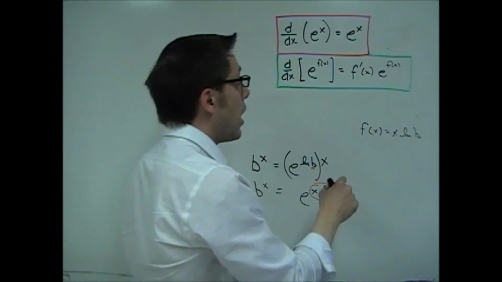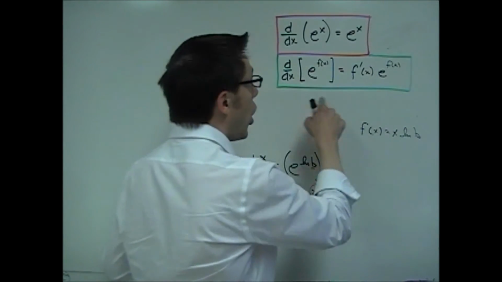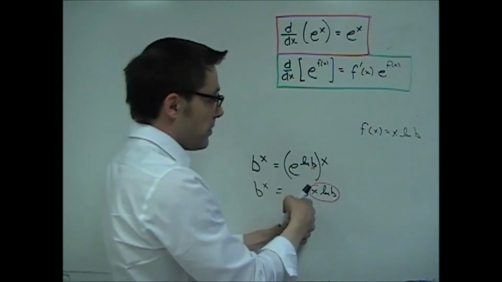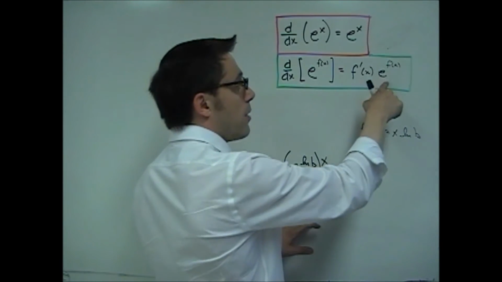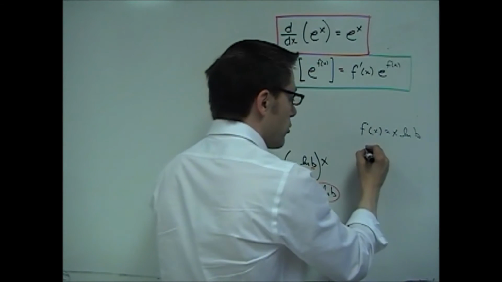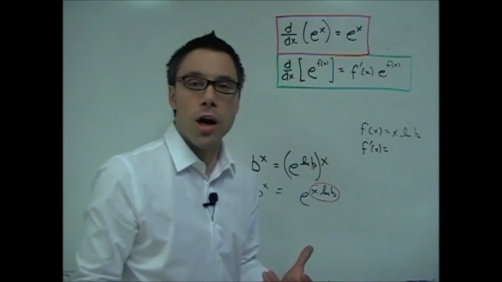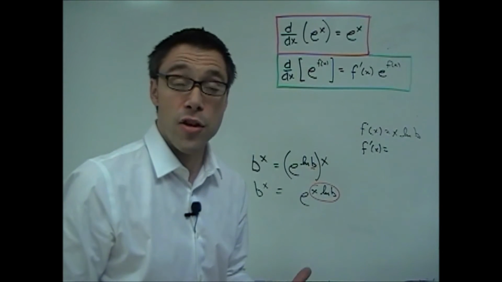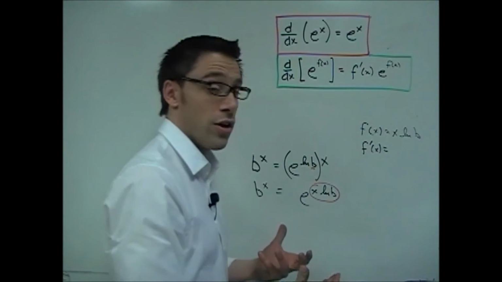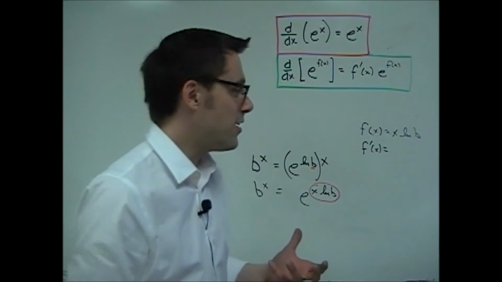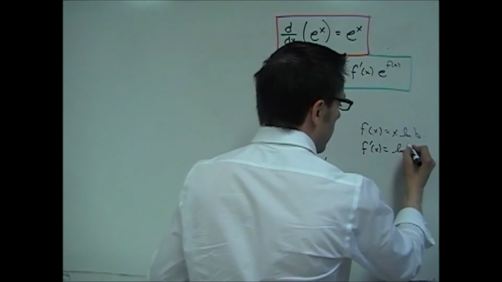Now, using my formula, I know that the derivative of this exponential is f prime e to the f of x. Let's write what f prime is. Log b is just a number, and the derivative of x is 1, so I get log b here.